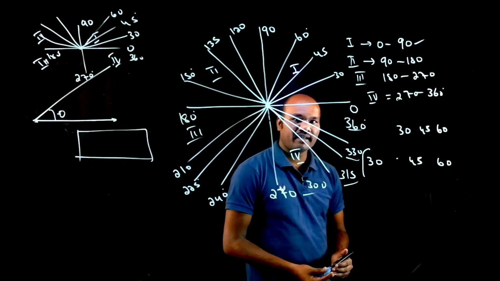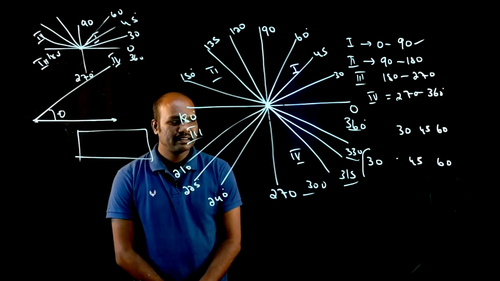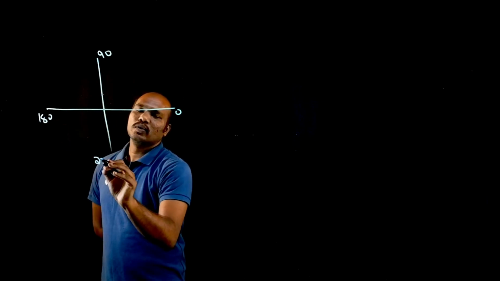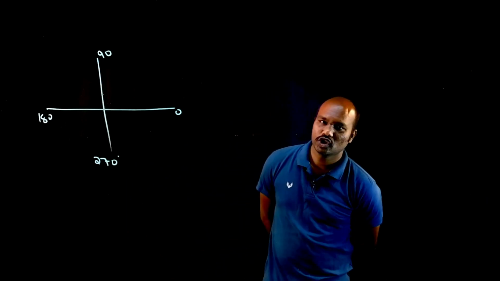Could you draw the important angles? Yes or no? Okay, let's draw the diagram again. Let's draw the distribution of angles again. What have we practiced? 0, 90, 180, 270 degree. This is practiced. Yes or no?